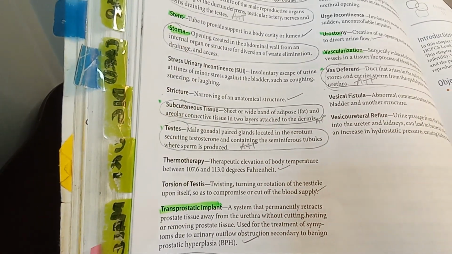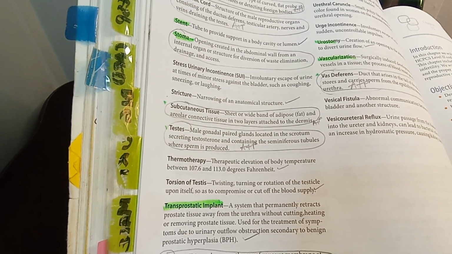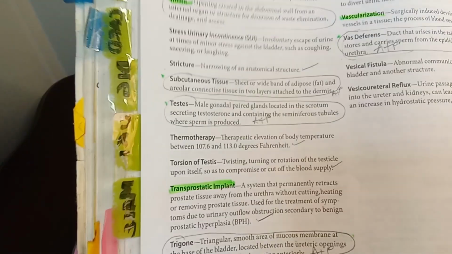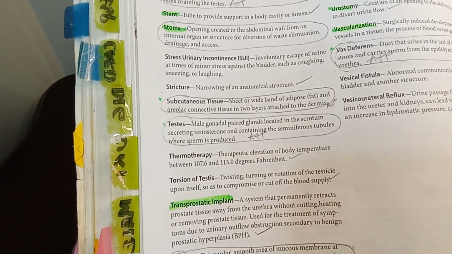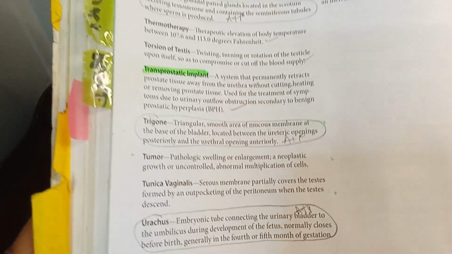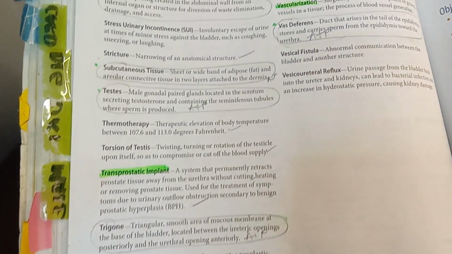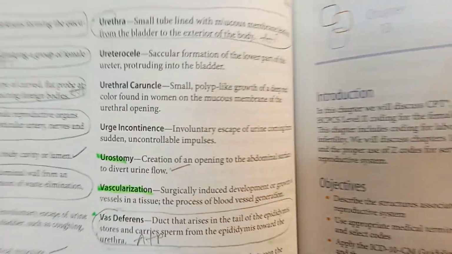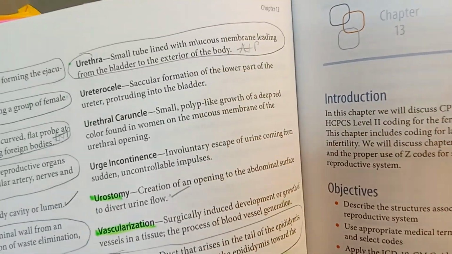Prosthetic implant, you're going to see this, TURP. Sometimes you might see it on the test with anything prostate. I shouldn't say you're going to see it on the test, but it's a very common topic, okay?